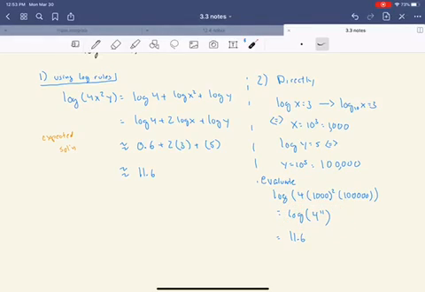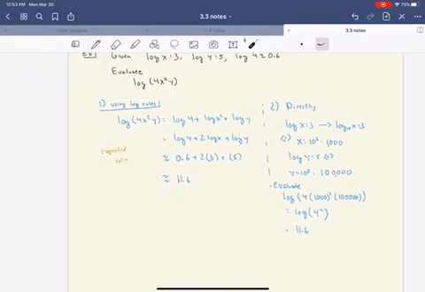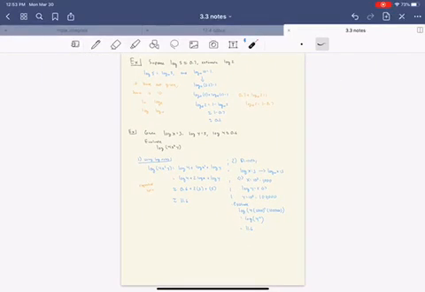You got it: 1, 2, 3, 4, 5, then 1, 2, 3 is 8, plus 3 more is 11. That's the 4 times 10 to the 11th. If you take the log of that, you're going to get your 11.6, which is what we had over here. So just a nice little way to see the two things connect together. All right, I'll see you guys in the next video.